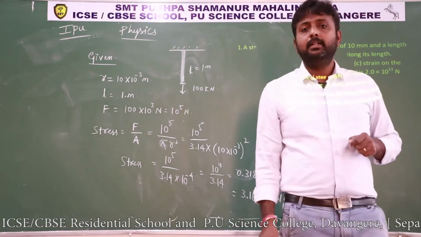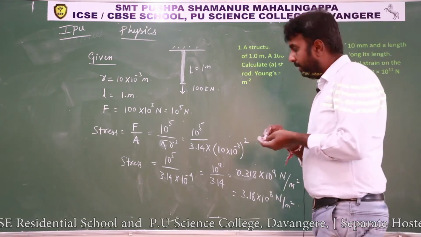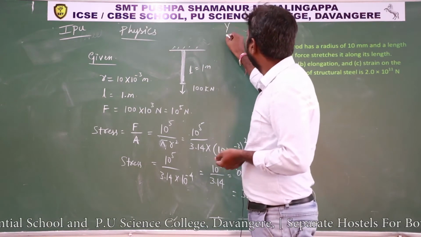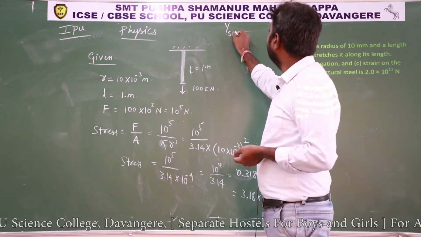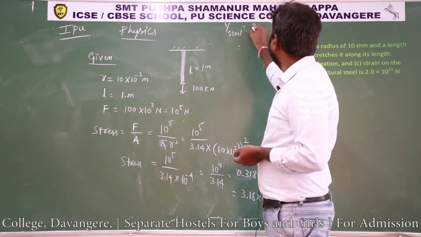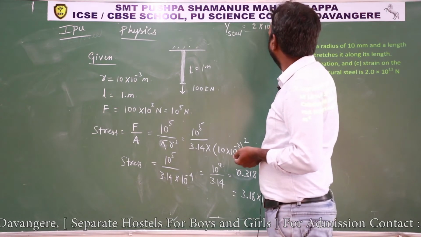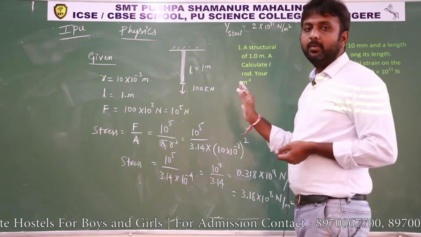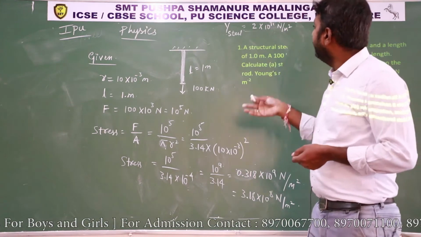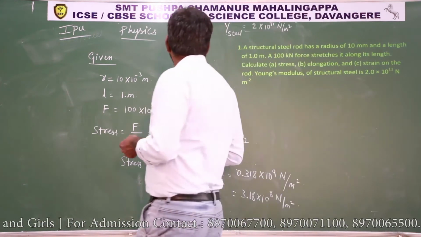And next we have to find elongation, and remember some values of Young's modulus. Young's modulus of steel is 2 into 10 to the power 11 Newton per meter square. In the question itself it will be given, but remember these values.